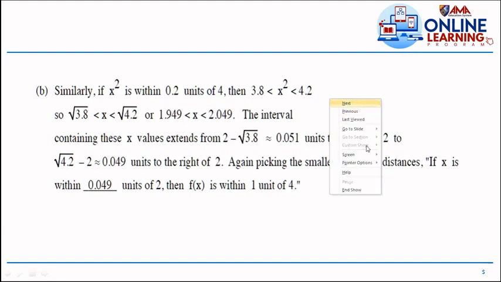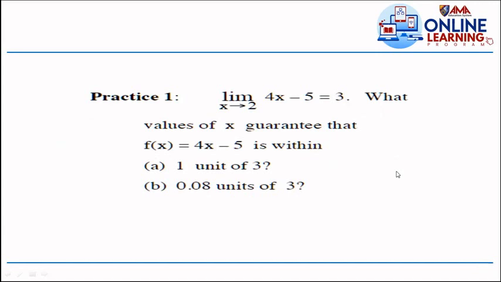Okay? Next, we have your practice 1 for 5 minutes. Sabi dito, the limit of 4x minus 5 as x approaches 2 is equal to 3. Alam niyo na kung paano ko nakuha yung 3 na sagot. 4 times 2 is equal to 8, minus 5 is equal to 3.